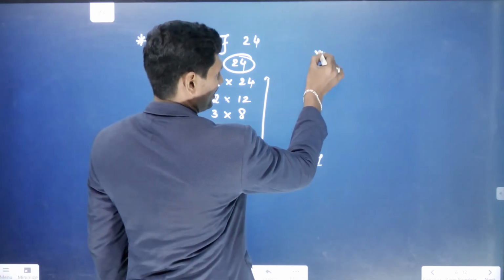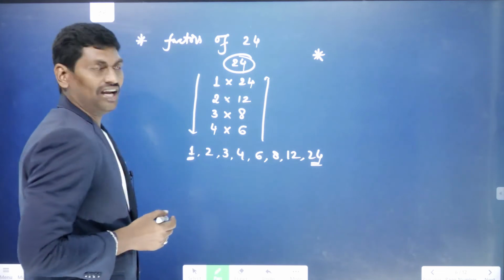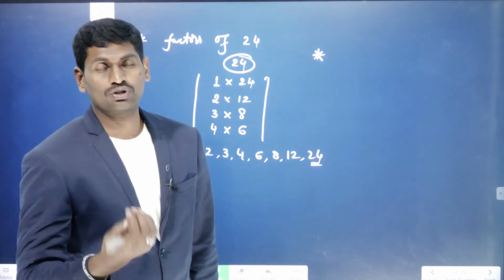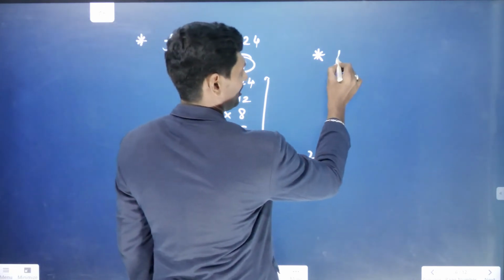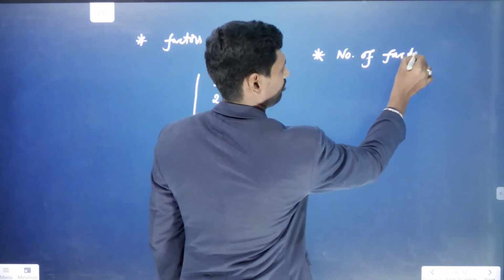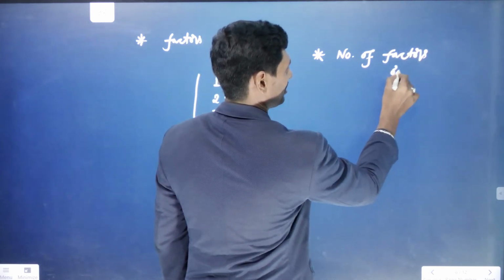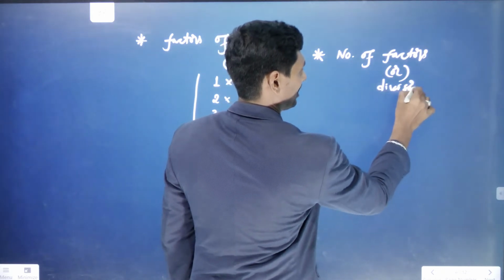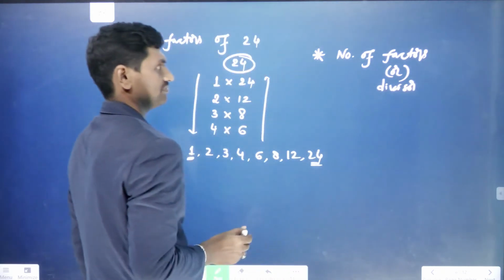But in some cases, the question asks to find the number of factors of a number. Number of factors can be asked, or number of divisors. Factor or divisor, both are the same.